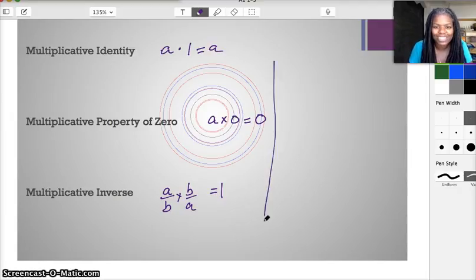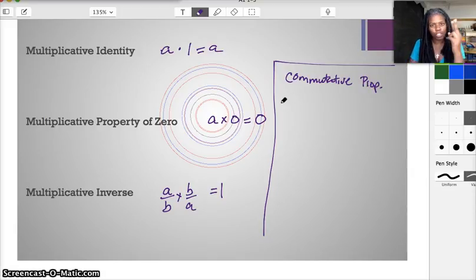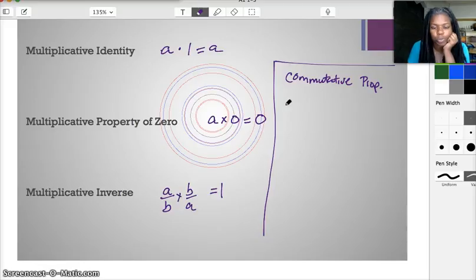I'm going to leave this little section right here to talk about commutativity. If you can remember what we talked about before, the commutative property of multiplication is about movement, right? To commute is to move, to go from one place to another. So what this says with multiplication is it doesn't matter if I multiply 3 times 5 or 5 times 3.